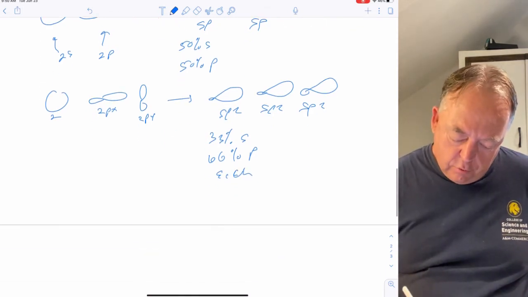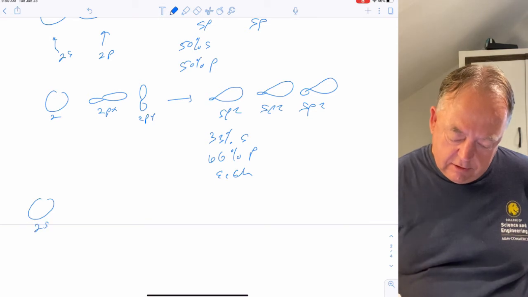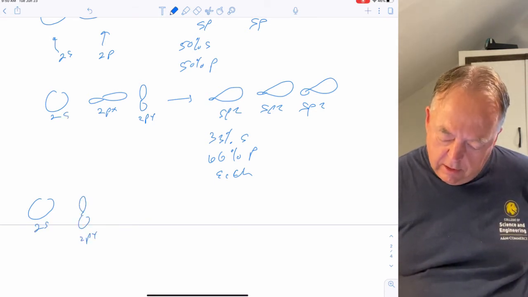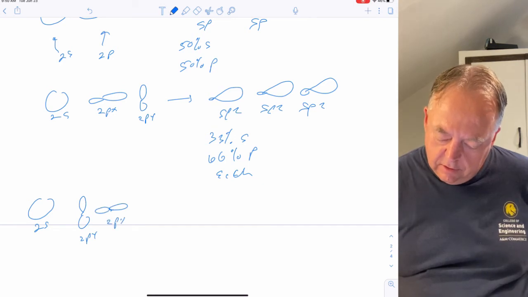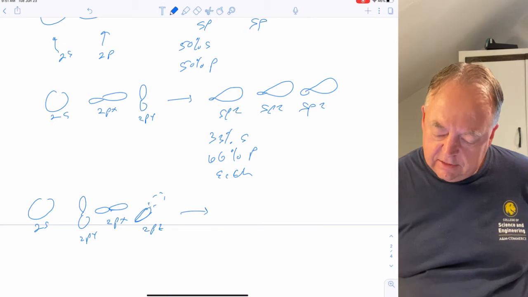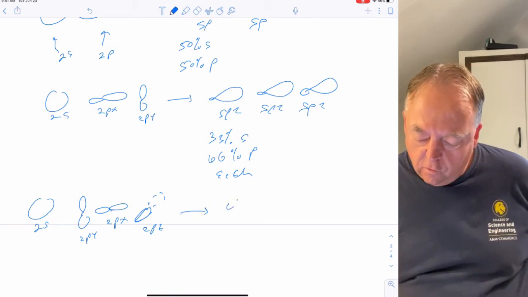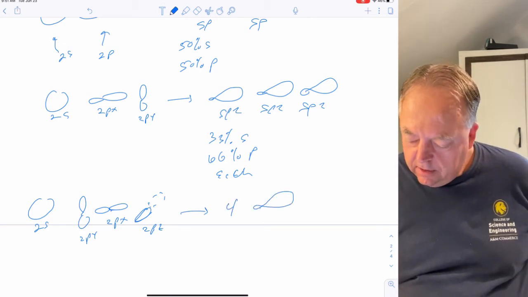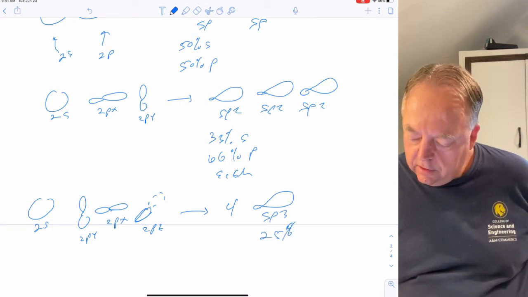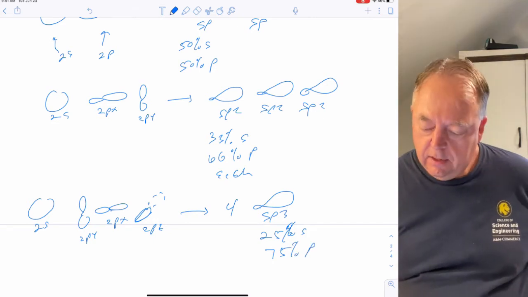For sp3 hybridized, you took the 2s and 2px, 2py, and 2pz and hybridized them to get four sp3 hybrids, so each one has 25% s character and 75% p character.